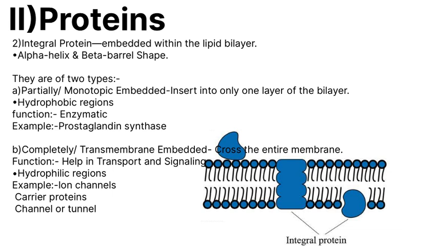Then we have completely embedded proteins, also called transmembrane proteins, because they cross the entire membrane of the phospholipid layer. If we look at their functions, we'll see they help in the transportation of molecules. For example, we have different structures specialized for them. For ions, we have ionic channels. Then we have carrier proteins, and we also have channels or tunnels.